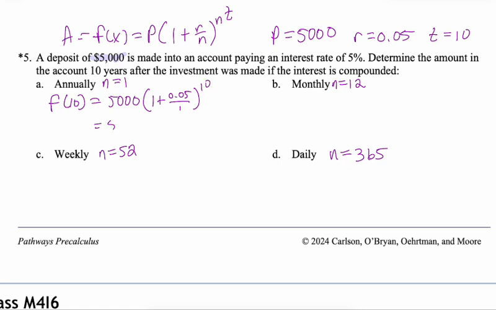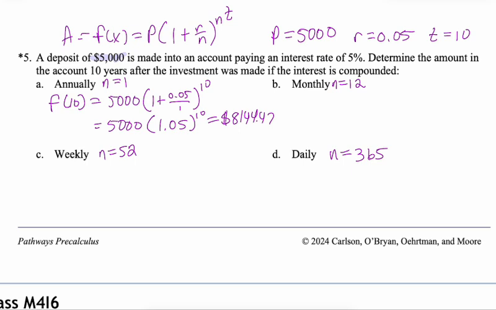So we're really going to get in this first one, 5,000 times 1.05 to the 10th. And then if we actually do that math, I'm going to round it because it's money to the nearest penny. We have $8,144.47 in our account. Great.